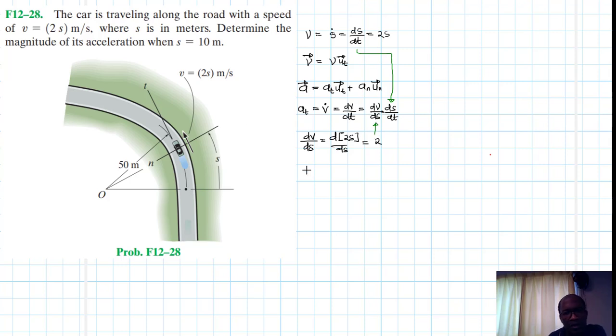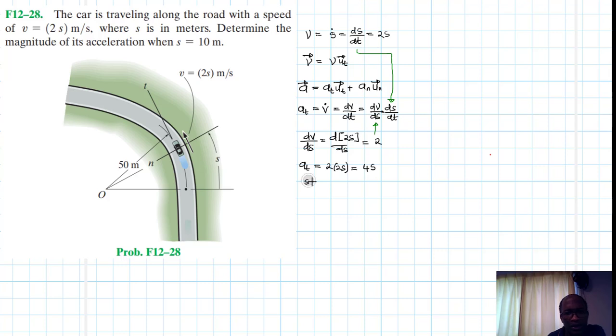This becomes our a_t is equal to 2 times 2s, so this becomes 4s.